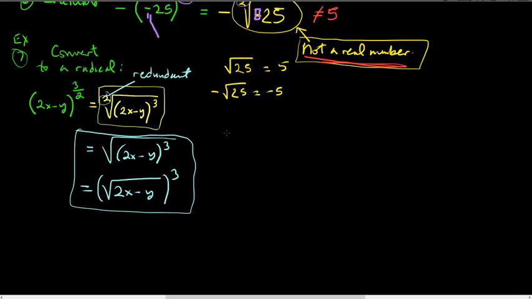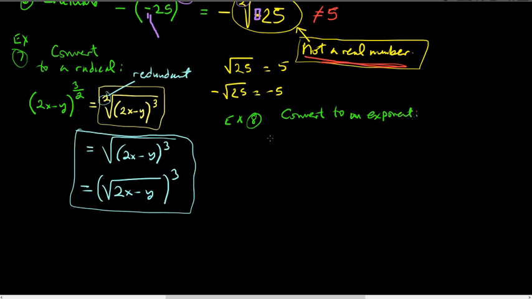Okay, let's do another one. I guess this will be example 8, which I'll do down here. How about if we convert to an exponent? Convert to technically a rational exponent, but an exponent. Okay.